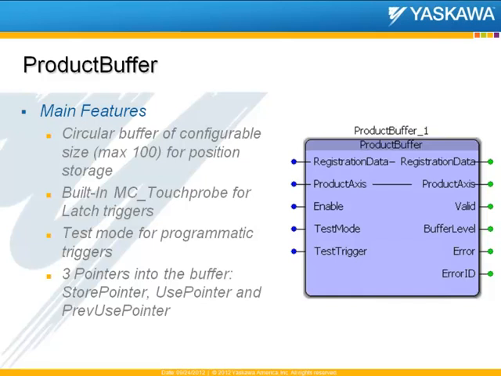It also has, for those applications or maybe machine modes where you just want to do some testing, or you don't want to use the actual latch input of the sensor, a test mode input. If you activate that, then you can just give it triggers from the program. And it also features the 3 main pointers into the buffer that we're going to talk about next. That is the store pointer, a use pointer, and a previous use pointer.